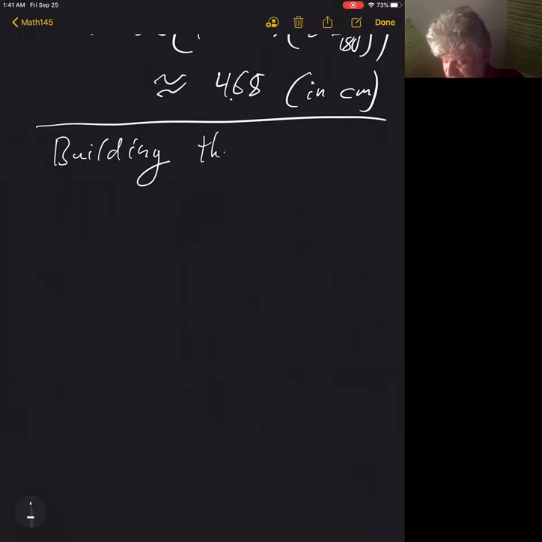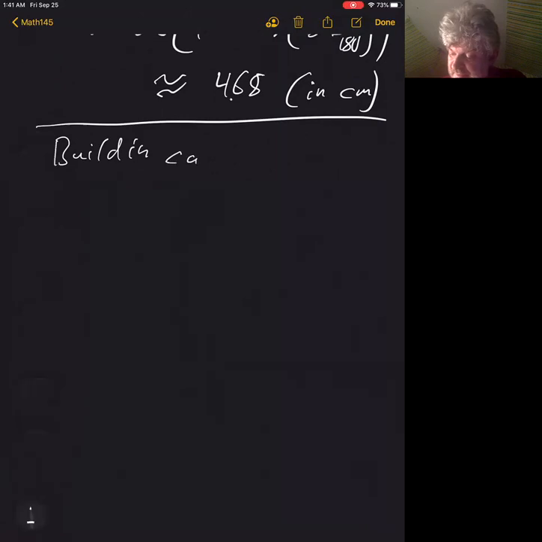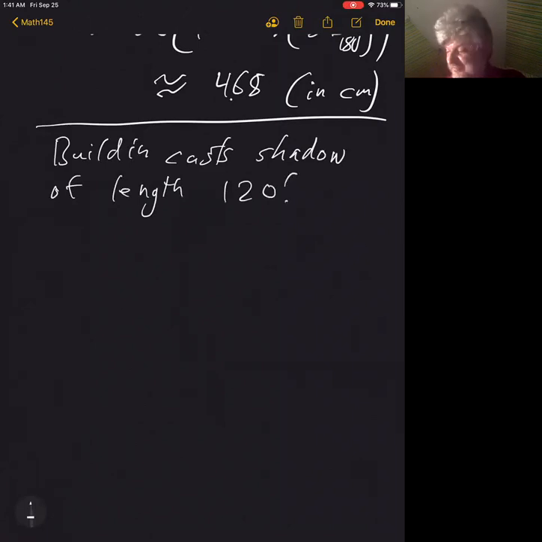A building casts a shadow of length 120 feet, let's say, at some moment in time.